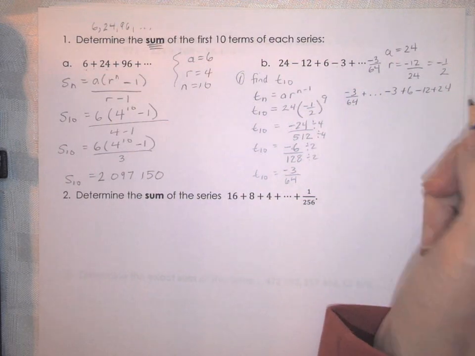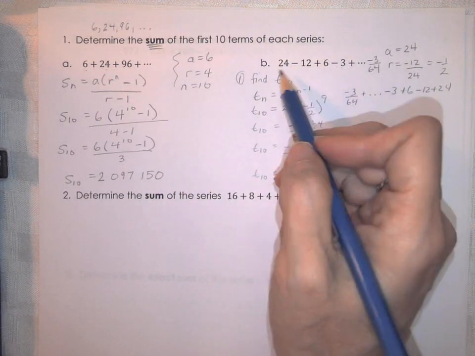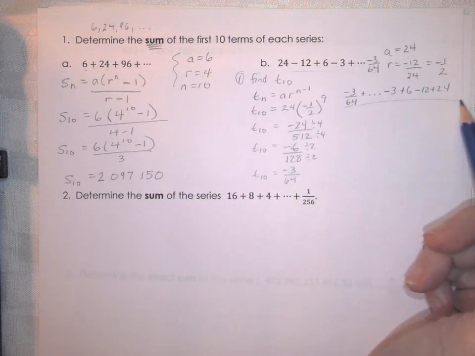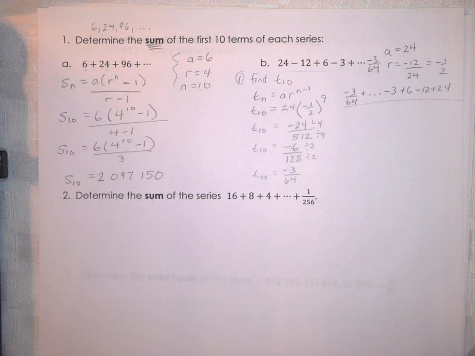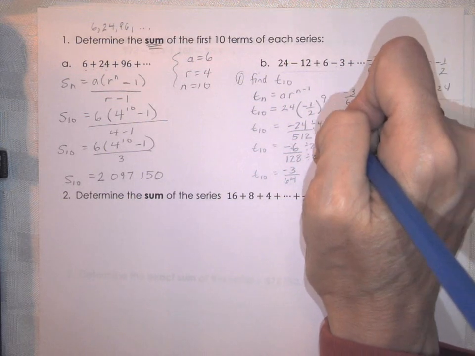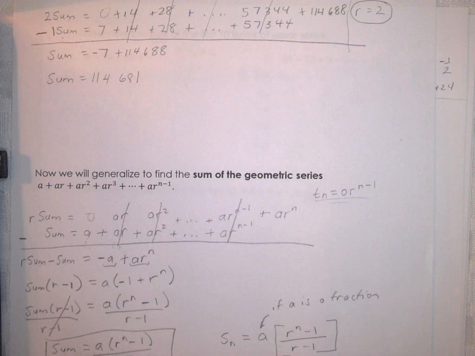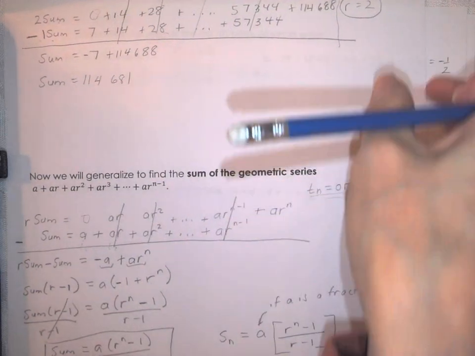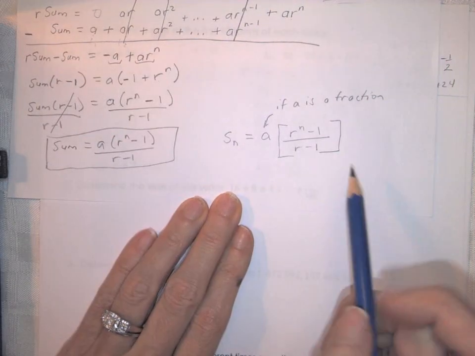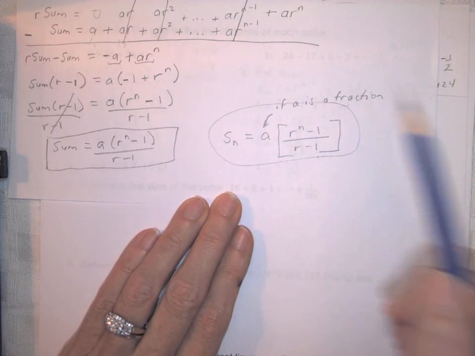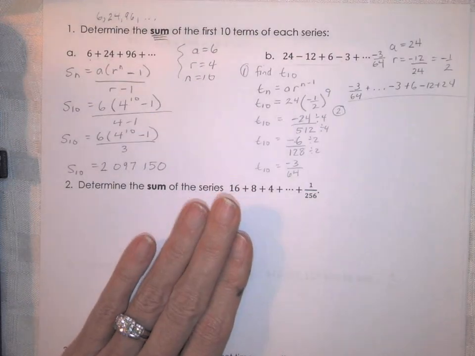So that series is going to have the same sum as if we added them all in this order. That doesn't matter. But we can use this formatting for our formula, and it'll just make the calculation a bit easier for us. So we're going to use this formatting when A is a fraction.